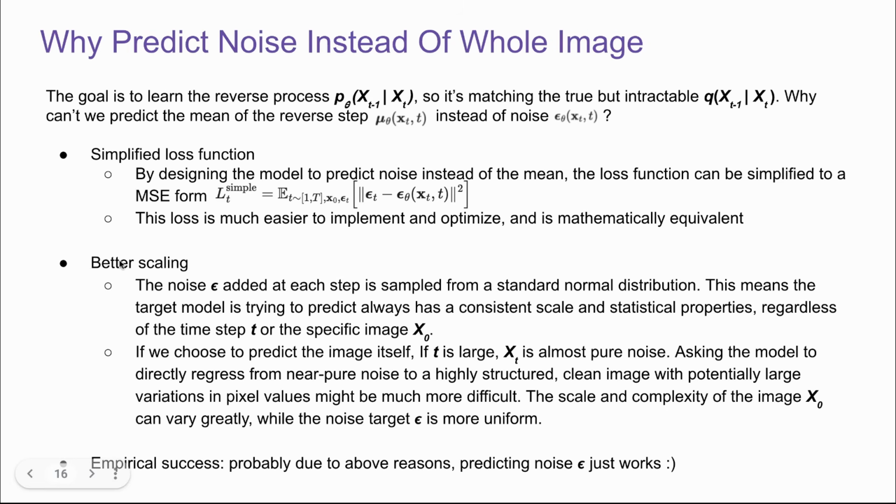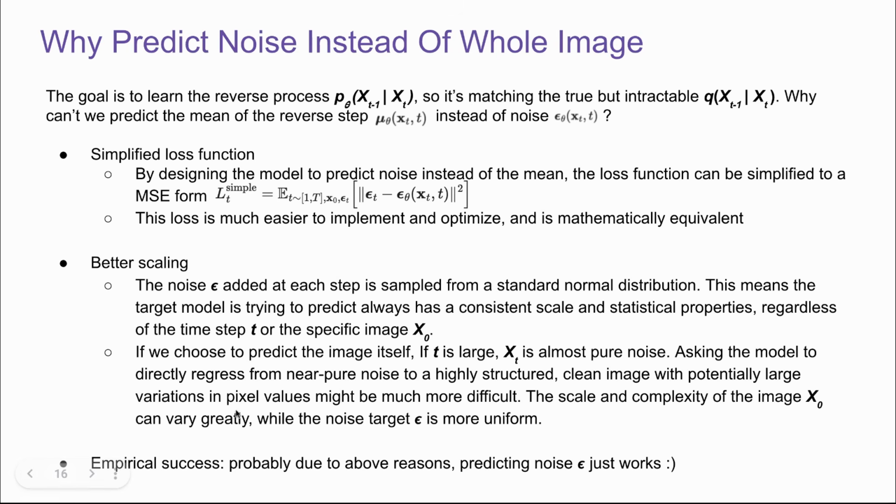The second reason is it has better scaling. The noise epsilon added at each step is sampled from a standard normal distribution. This means the target the model is trying to predict always has a consistent scale and statistical properties, regardless of the time step t or the specific image x0. If we choose to predict the image itself, if t is large, x_t is almost pure noise.